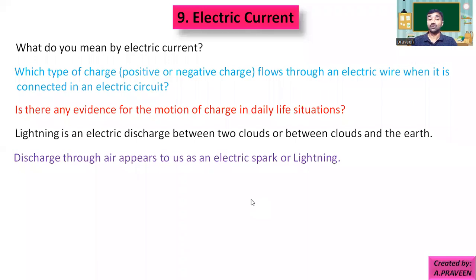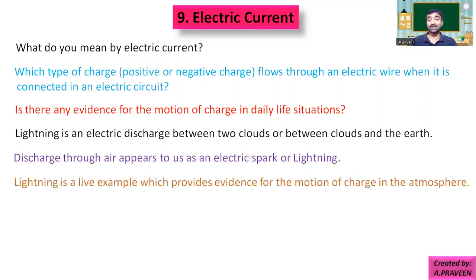Why not always? For example, if you hold a wire and switch on, will it pass electricity through the air? No. Here, a huge amount of charge is released from the clouds, and due to the moisture present in the air, under particular conditions it acts as a conductor. So that is the example of spark and lightning.